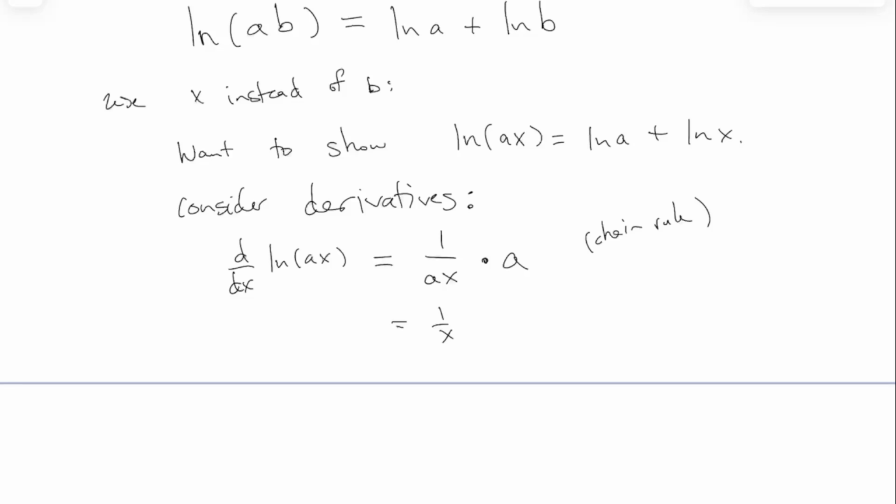And what about the right-hand side? Remember, I was looking at the two sides and taking the derivative of each one. So let's also take the derivative of the right side. ln a plus ln x.